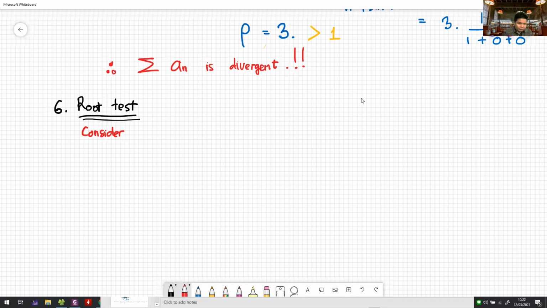Consider the series a_n, n from 1 to infinity, a positive series. It is as usual. This is the first example.